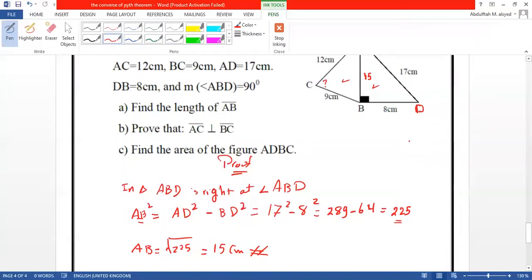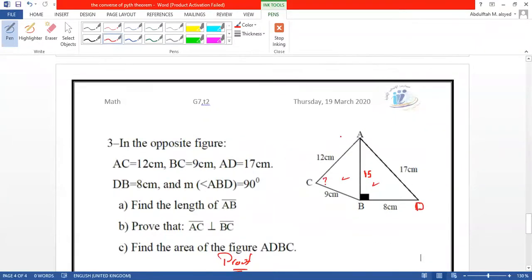The second required is to prove that AC is perpendicular to BC. In order to prove that, you have to prove that the angle C is right by using the converse of the Pythagorean theorem, taking the sum of the squares of the smaller sides, and it has to equal AB squared.